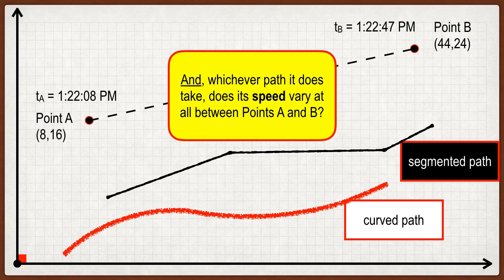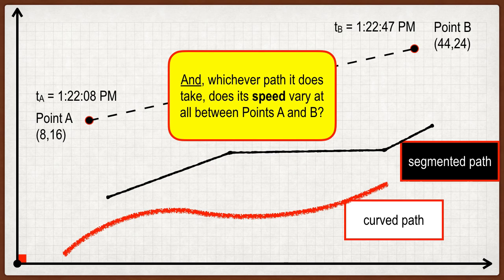Now here's another thing that we don't know, but we would like to know. Does the speed change? Is there a time evolution equation for the speed? Is it accelerating? Is it getting slower? Is it getting faster? Is it changing direction? Well, if it's on a segmented path, it changes direction twice. It changes direction here, where the second segment starts.